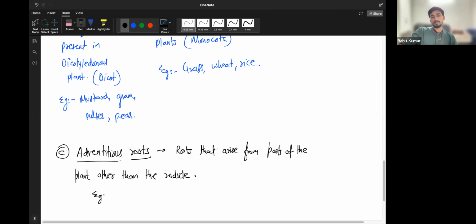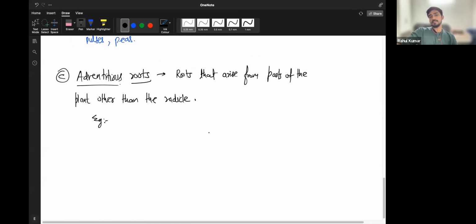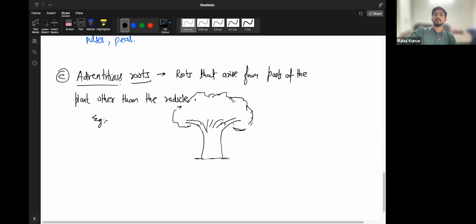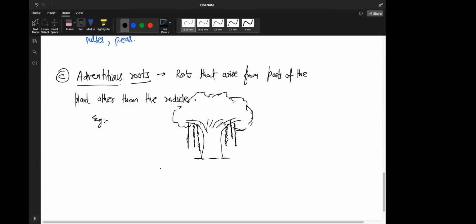Okay, and to give you an example, you all must have seen, at least in pictures, a banyan tree, right? Make a big banyan tree here. And have you also seen structures like this coming down from a banyan tree? Sometimes they go all the way to the ground.